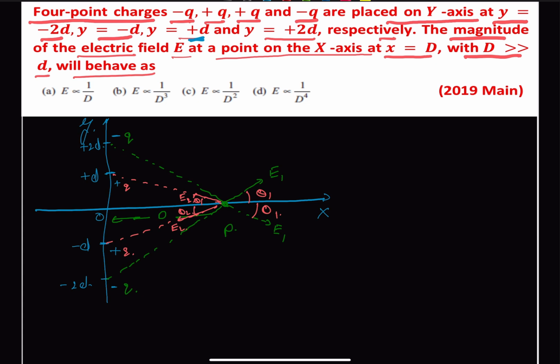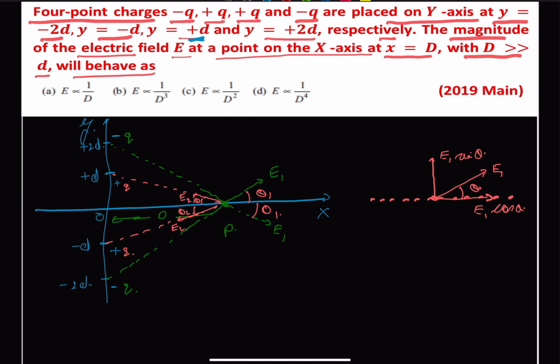Now we can easily divide this E1 into respective components. So let me draw this point separately. So this is a point and we have axes. First electric field is our E1 making an angle of theta 1. So we can divide this into two components. This will be our E1 cos theta 1, and on the y-axis we are going to get our E1 sine theta 1.